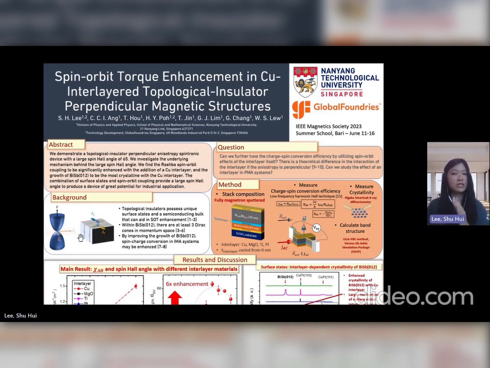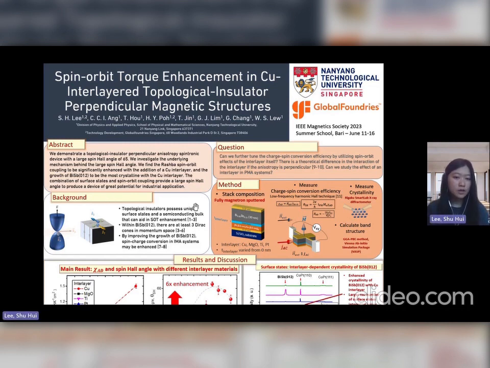There is a characteristic spin momentum locking as a result of these edge states that are induced by the bulk band inversion in momentum space. Bismuth antimony has been found to have at least 3 Dirac cones in momentum space. Ideally, we would like to increase the number of Dirac cones, and so we would like to enhance the crystallinity of bismuth antimony 012 in our topological insulator stack when we grow it.